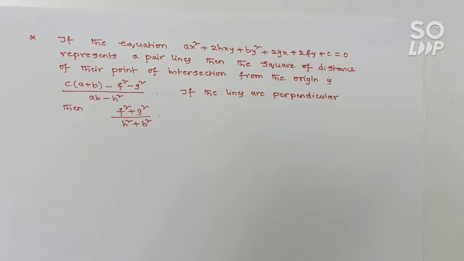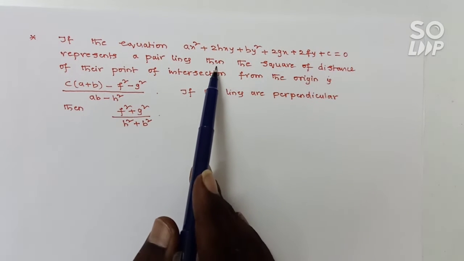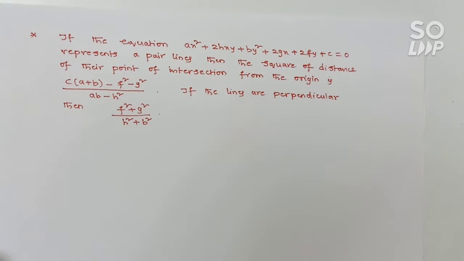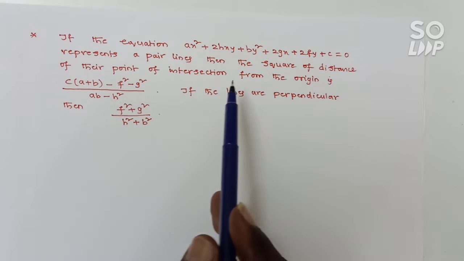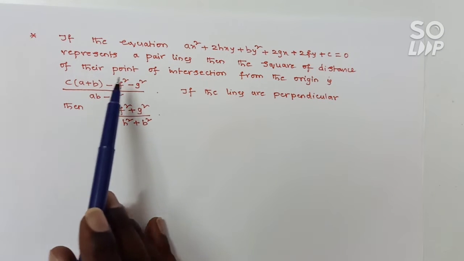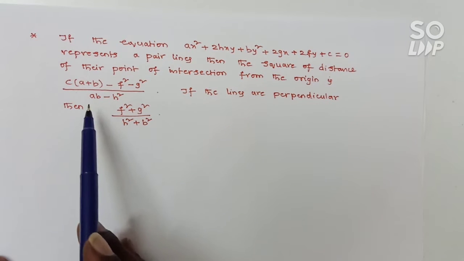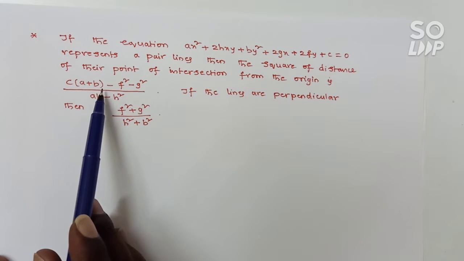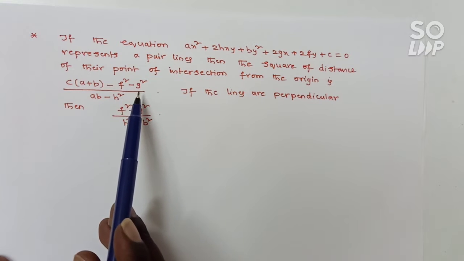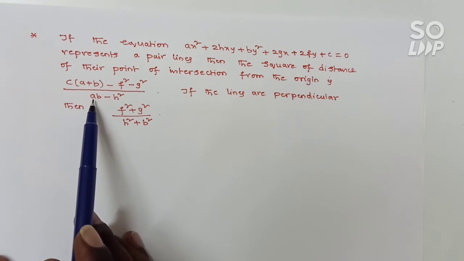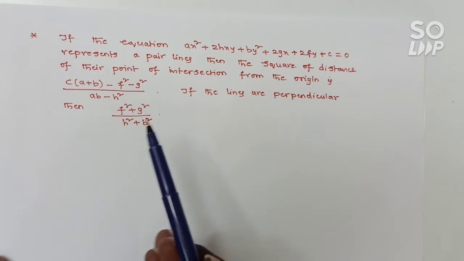Okay, dear students, in this video we are going to discuss a new concept. If the given equation represents a pair of lines, then the square of the distance of their point of intersection from the origin is c into (a plus b) minus f square minus g square, whole divided by ab minus h square.